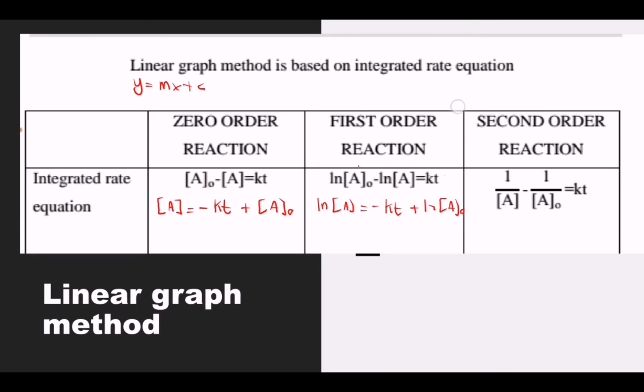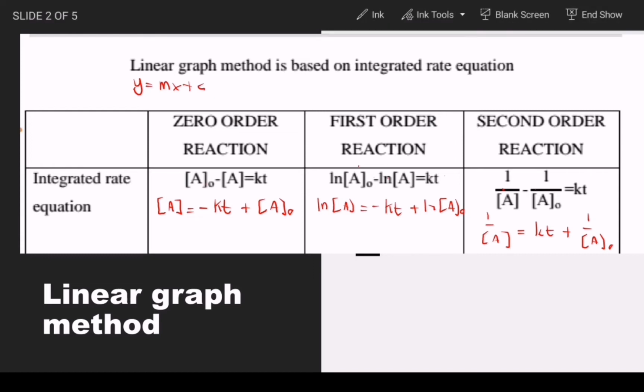The last one, yang ni memang dalam bentuk positif, so kita akan pindahkan yang ni ke belakang lah. So 1 over A equals to KT plus 1 over A0.